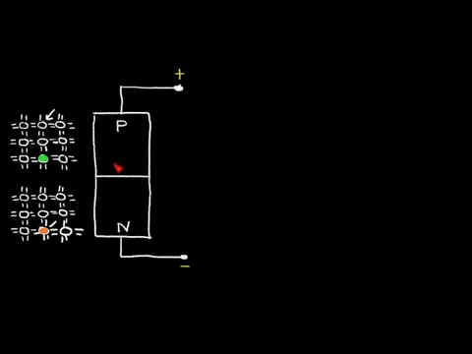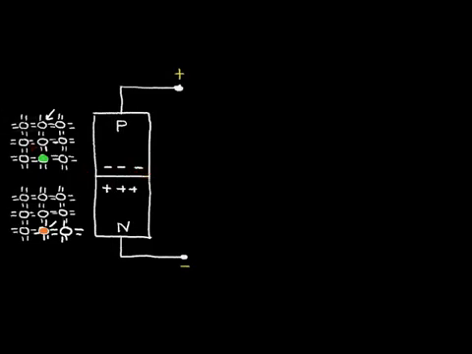So what happens is that these holes can diffuse from this p region over into this n region. Now, recall that holes can be thought of as positive charges. So over here we develop positive charges, and some of these electrons from this n region can diffuse over into the p region, and this p region will become negative.